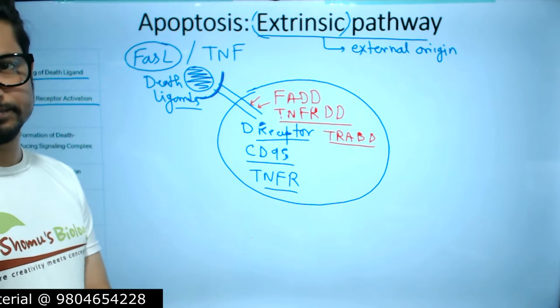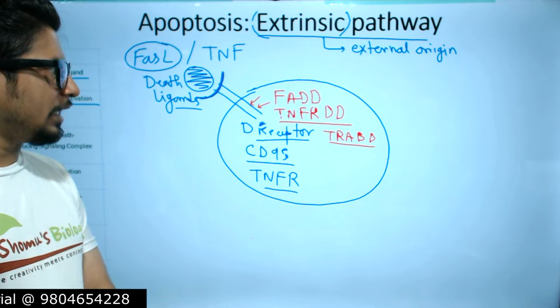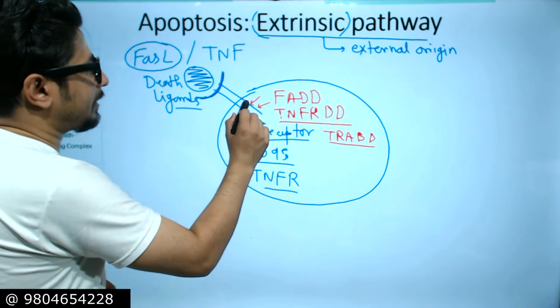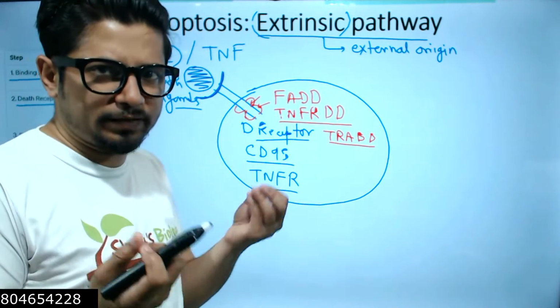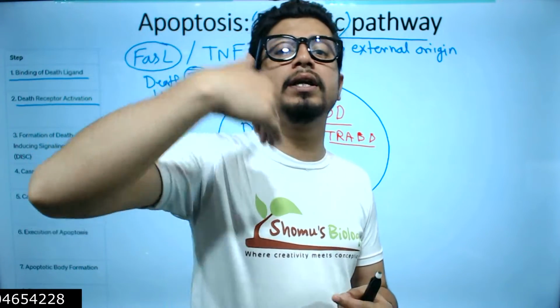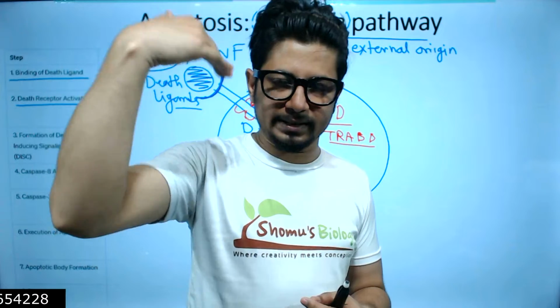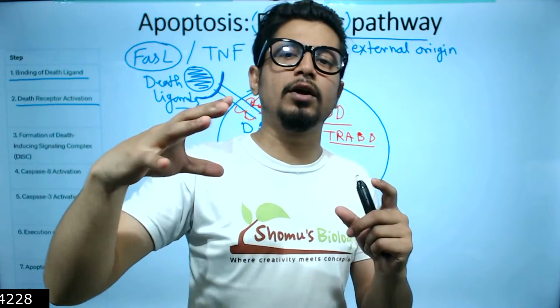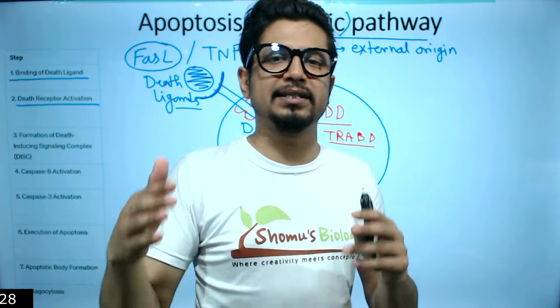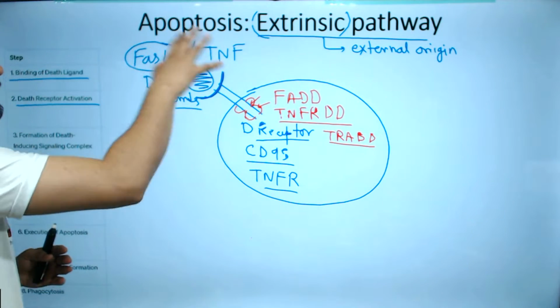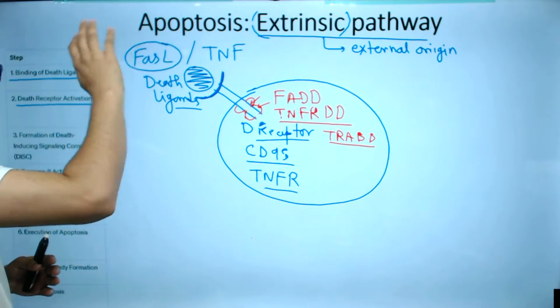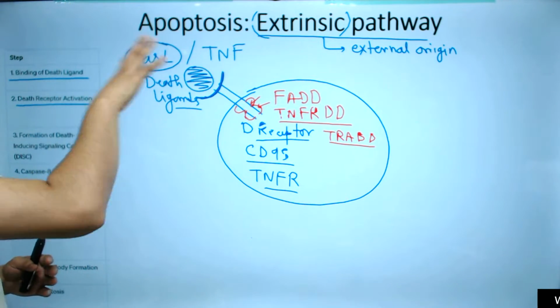Both of these death domains are present in the cytosolic side. Domains means basically the structure of the protein. The cytosolic part of the death receptor consists of this particular structure of amino acids known as FADD or TRADD, depending upon the type of death ligand binding to it, either Fas ligand or TNF.